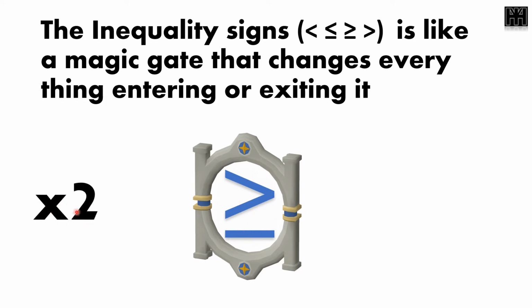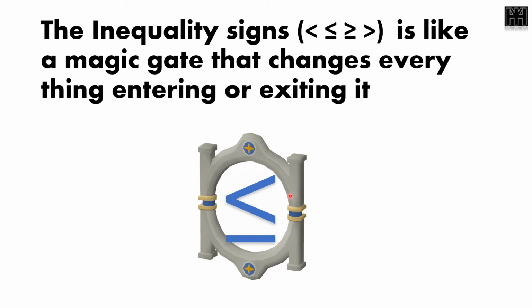Now we have multiply by 2. When it goes to the other side, passing the inequality sign, it will be divide by 2. Yes, just as with the equal sign. Here we have another inequality sign, smaller than or equal. We have 2 to the power 3. When we send it to the other side, it will be 2 to the power negative 3.